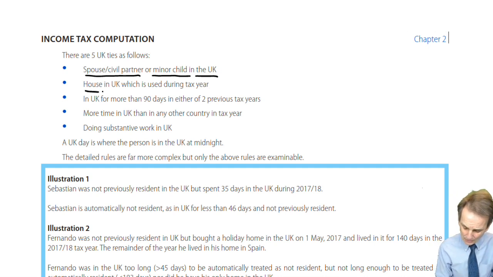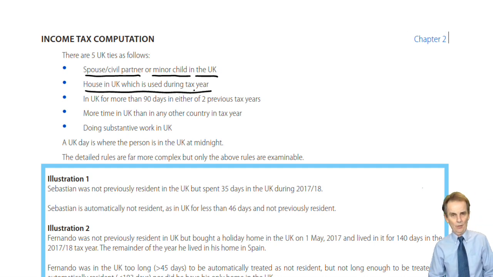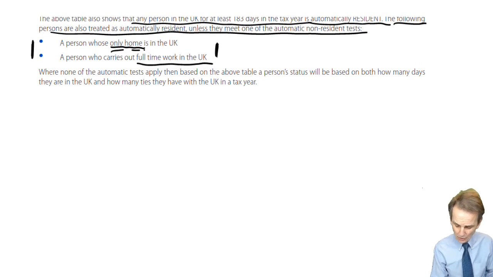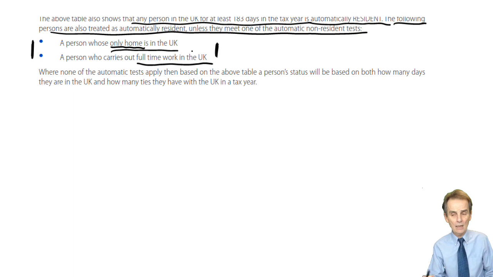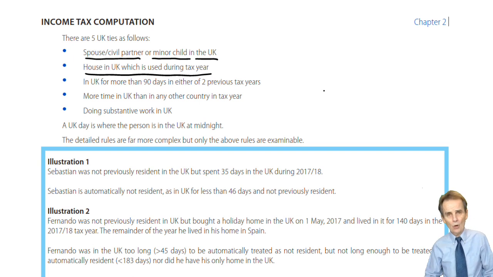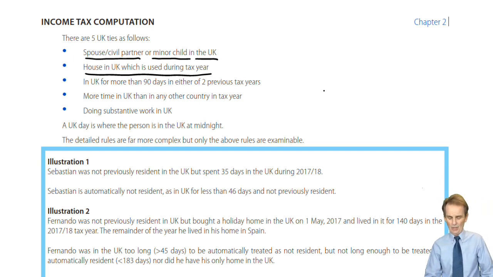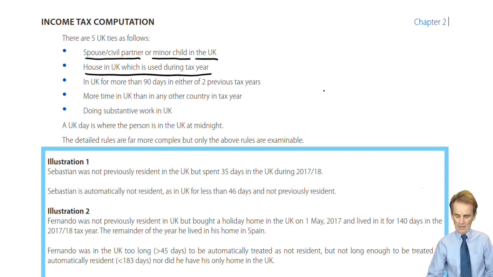If you have a house in the UK, which is used during the tax year, obviously if it's your only home, go back to that, then this is not about a ties test, you're automatically UK resident. So you may have someone who's got both property in the UK and properties overseas as well. So it's not their only home.